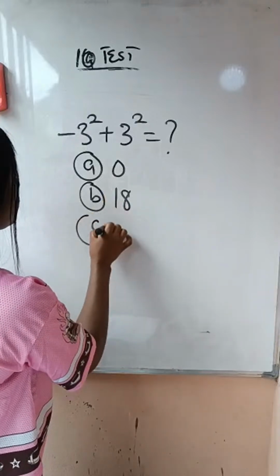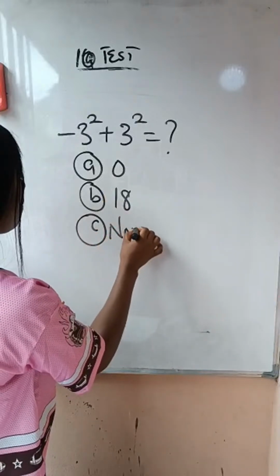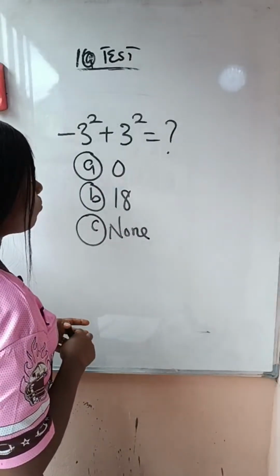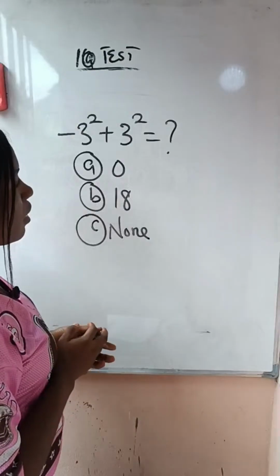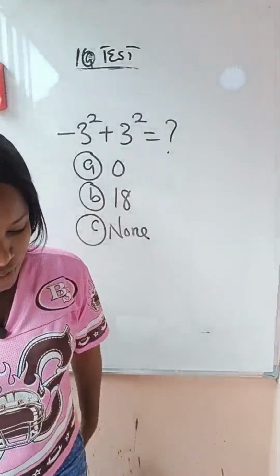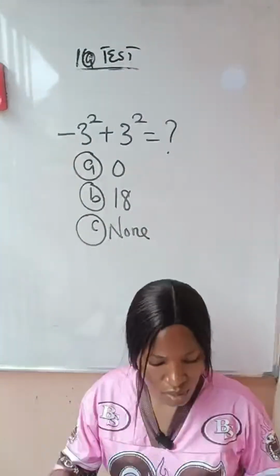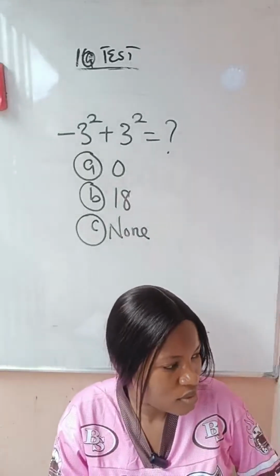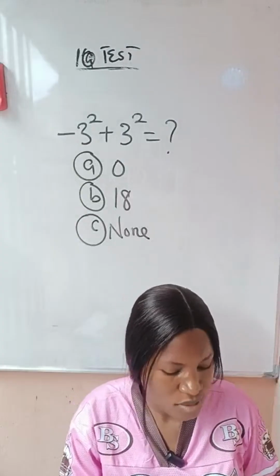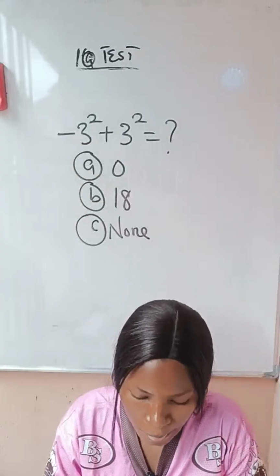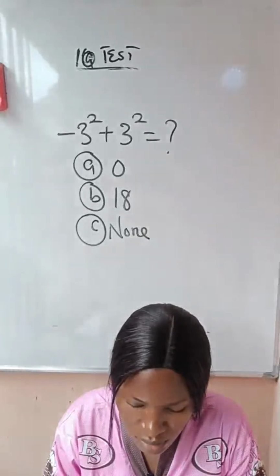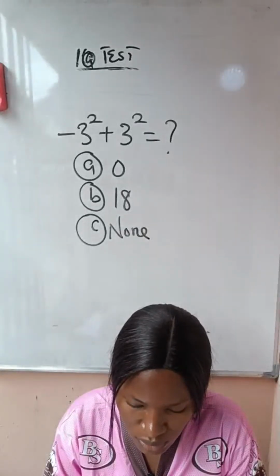And option C, we have none of the above. So what do you think the answer should be? Minus 3 squared plus 3 squared is equal to what?